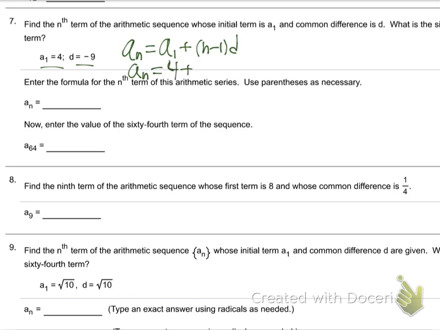Isn't this a little bit backwards? I don't think so. Backwards in what sense? Shouldn't it be negative 9 times n minus 1 plus 4? Well, that's fine. Yeah, that's the same thing.